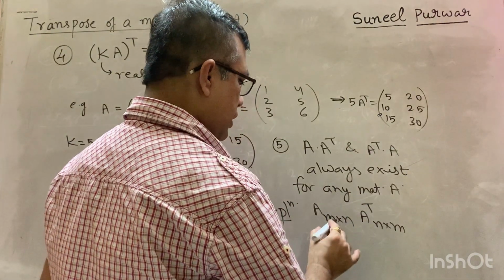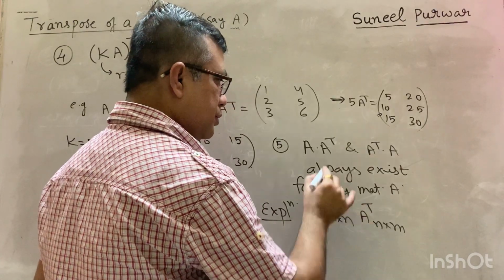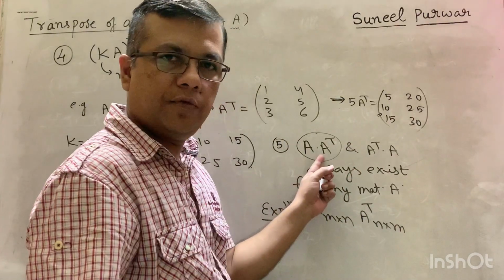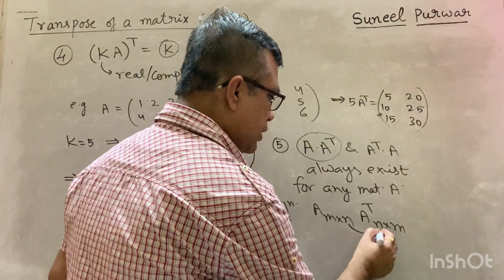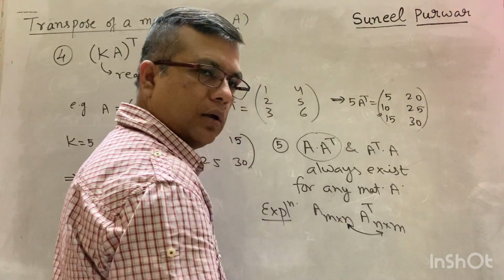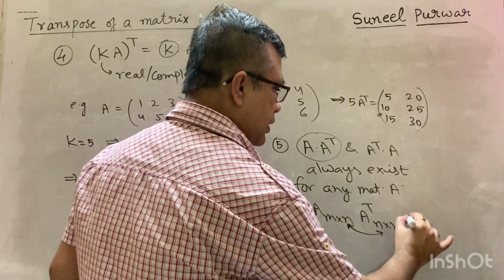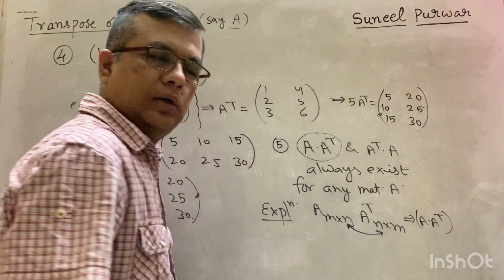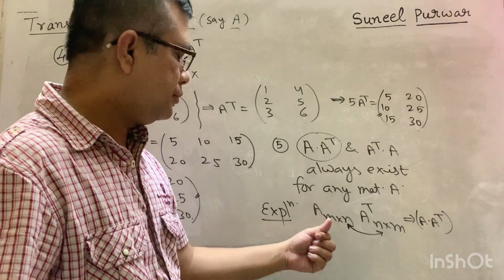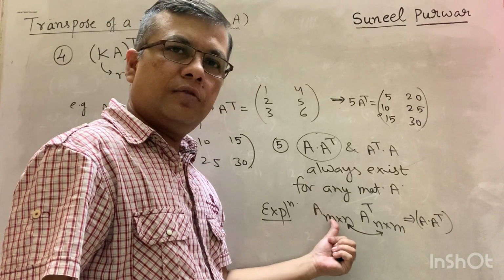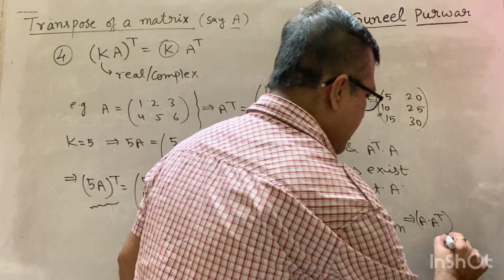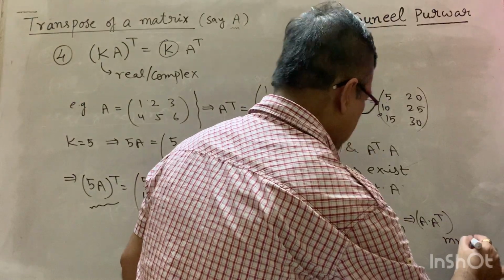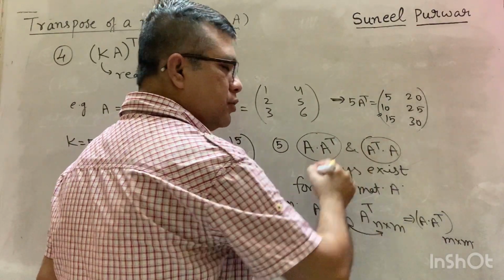So you see, A and A transpose, this product can be found or not, because these two numbers are same to same. So this implies the product of A and A transpose is obtainable, and the size of A into A transpose will be M by M. On the other hand, this product is also available.